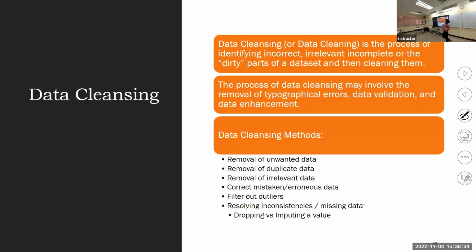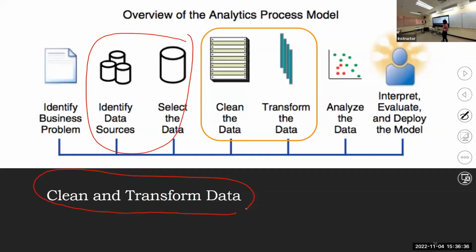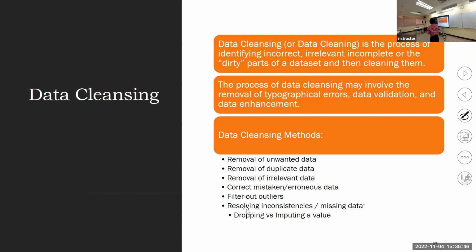What does it mean? The data you have so far may not be perfect data for sure. There will be something wrong with the data, in which case you may need the process of data cleansing or data cleaning.